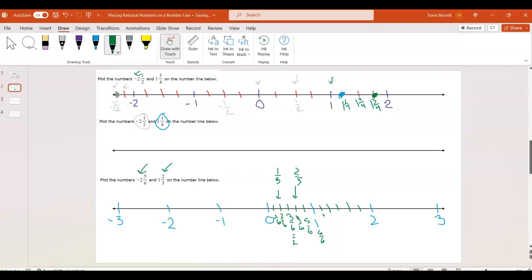So this is actually 1 and 1/6, but this one is actually 1 and 1/3.